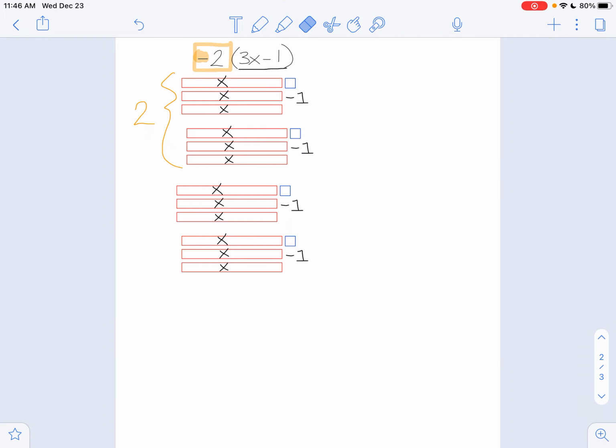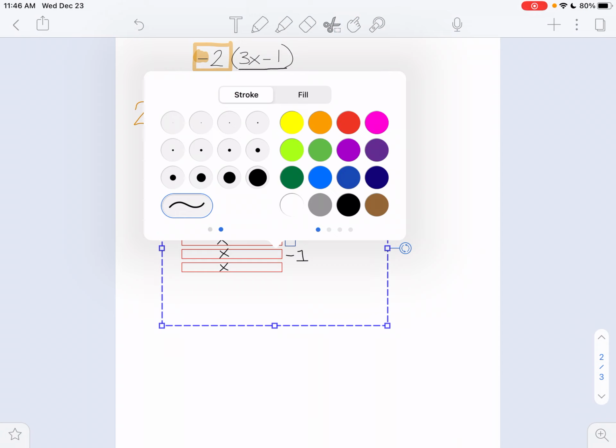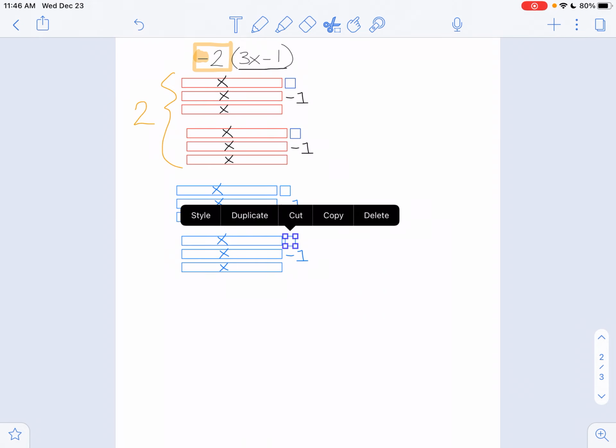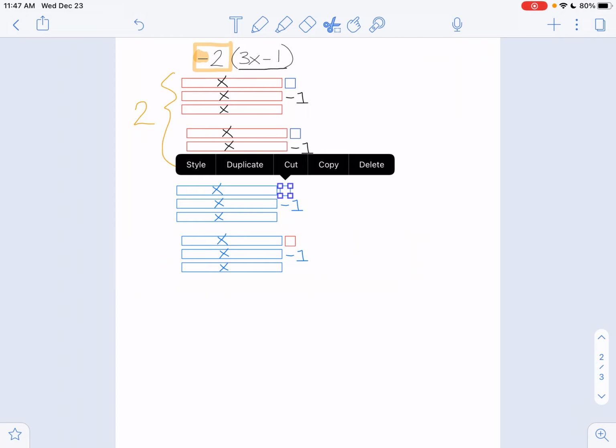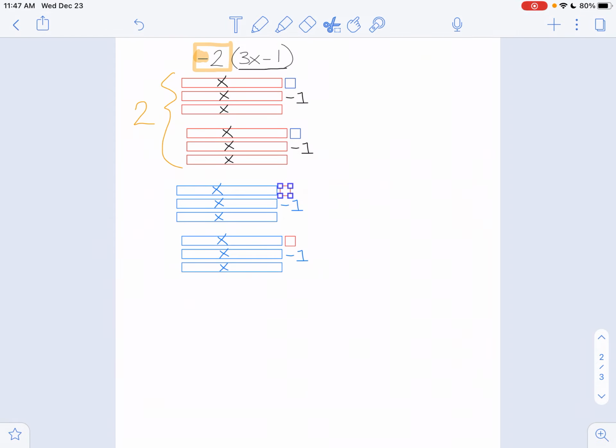So if I take all of these tiles that I have and change their color, I'm going to make all the x's blue, and then I'm going to go back in and make the ones red. I'm just changing the colors there. Okay, so that's what my new picture would look like.